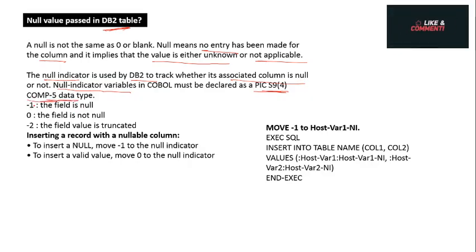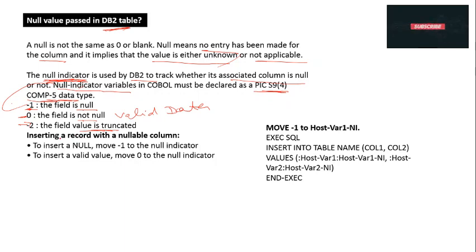If the null indicator's value is -1, then the field is null. If its value is 0, then the field is not null, meaning valid data is coming. And if it is -2, then the field value is truncated.